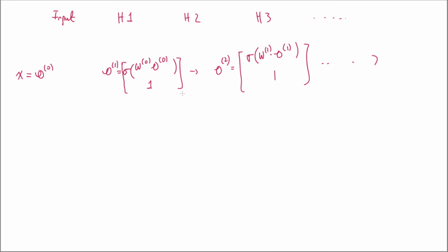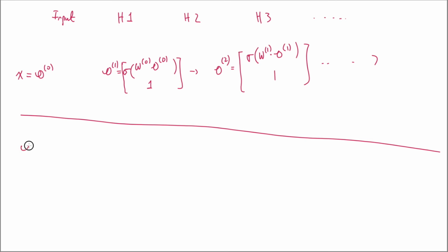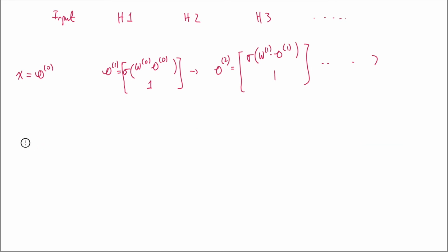If you go back to the way I started this tutorial, I was talking about the chain rule. Well, the reason I'm talking about the chain rule is if you think about the output, when I talk about O, this means the output in the final layer. What is this?